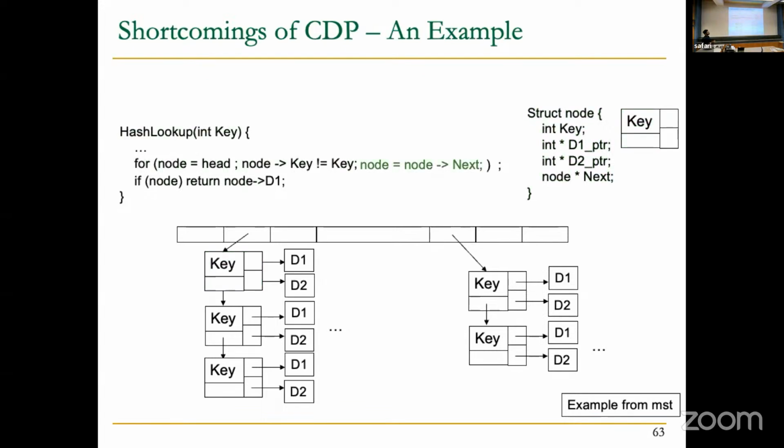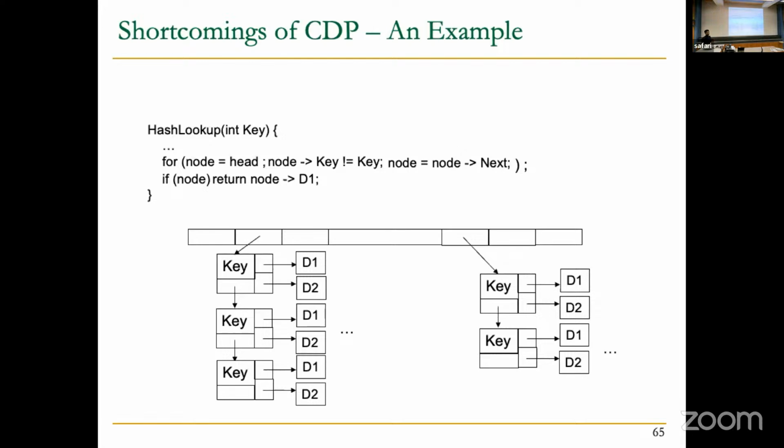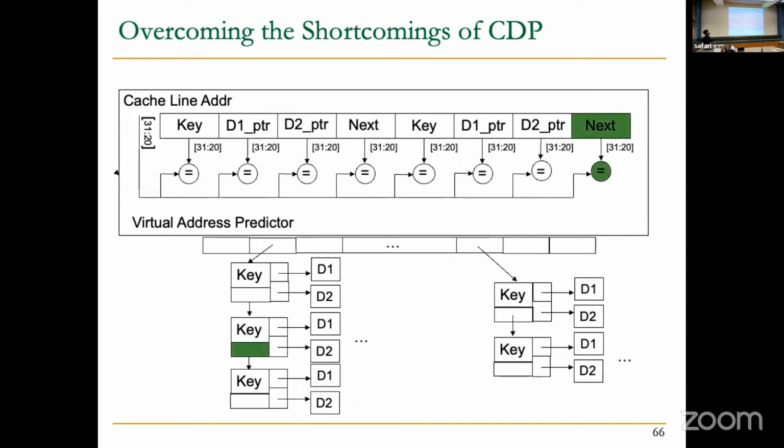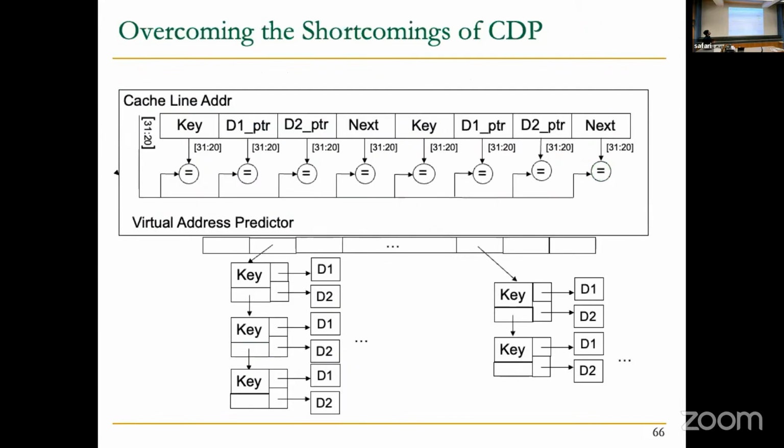So that's what content-directed prefetching says. Here is an example: you have a D1 pointer, a D2 pointer, and a next pointer. If you do the same CDP, it's going to give you a match for all these contents, and essentially it's going to prefetch all of them. But that's probably problematic. You probably don't need all of them. So what can we do?